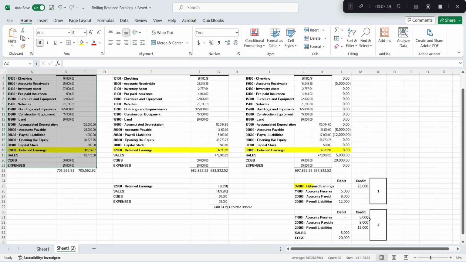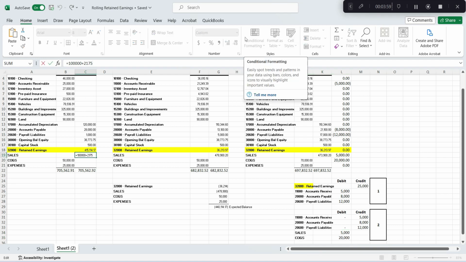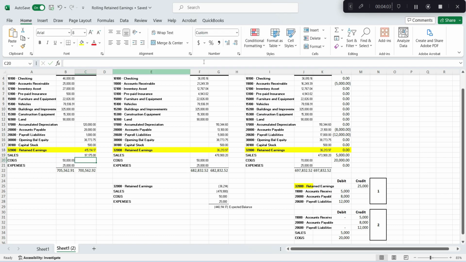So we're eliminating all of these accounts we set up to make retained earnings roll, and we're moving it to the income statement. So sales will be decreasing, right, because it's a debit by 5,000. And we said cost of sales will be increasing by 20,000 because we're adding in that cost.